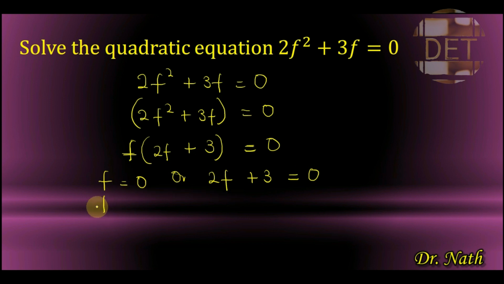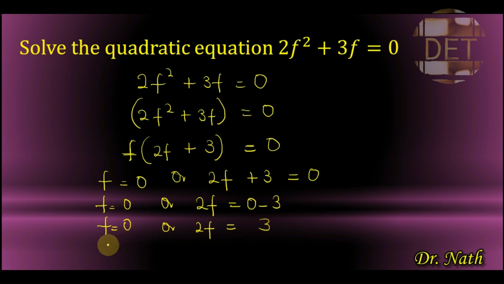So f is equal to 0 or 2f, when this plus 3 goes to the other side of the equation, becomes minus 3. So that will be equal to 0 minus 3. So f is equal to 0 or 2f is equal to minus 3.